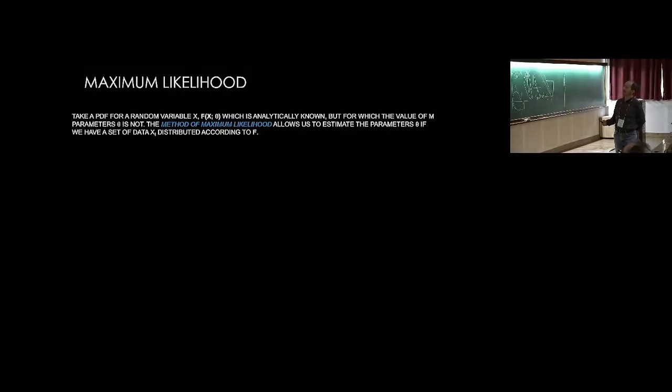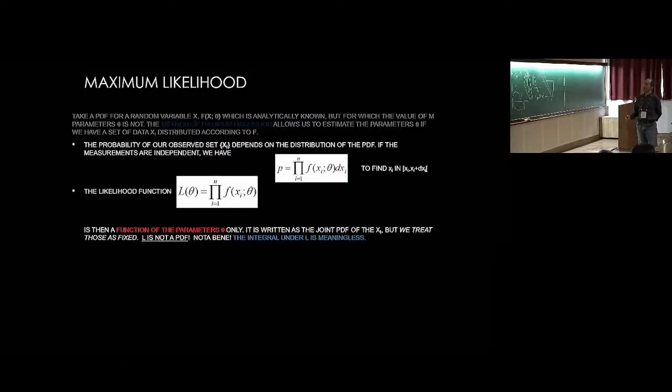You can take a probability density function for a random variable, a Gaussian, whatever. So a function which is normalized and that describes how the data distribute, with a certain parameter that we don't know about, okay? Now, the method of maximum likelihood gives you a chance to estimate the parameter theta.